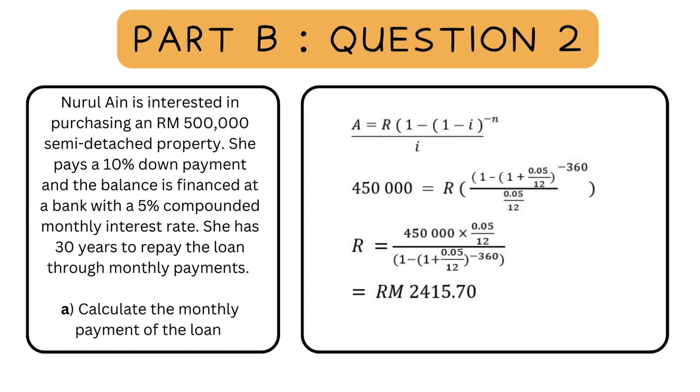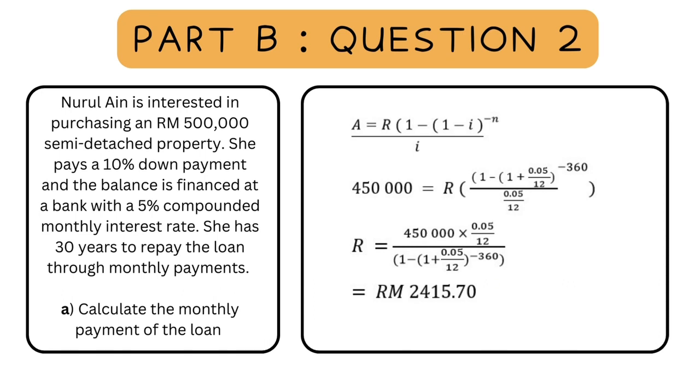Use the formula A equal R bracket 1 minus bracket 1 plus I bracket minus power of n divided by I. I is 0.05 divided by 12. N equal 316. 450,000 equal R bracket 1 minus bracket 1 plus 0.05 divided by 12 bracket minus 316 bracket divided by 0.05 divided by 12.